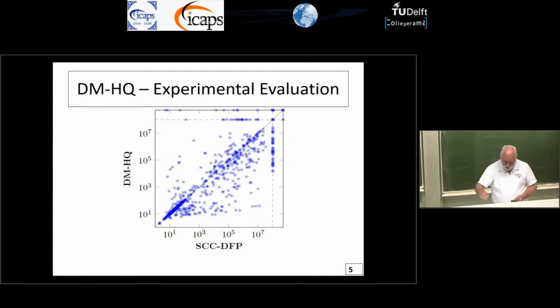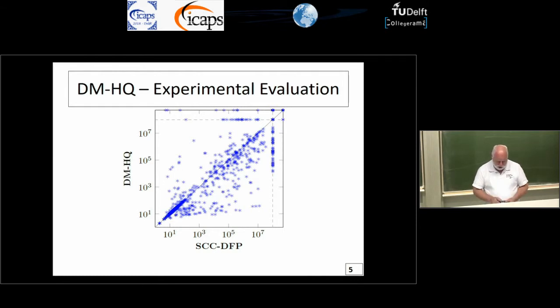And then there's also a horizontal dashed line and a vertical dashed line. There's the vertical dashed line, and here's the horizontal dashed line. That shows you places where the construction finished, but the problem wasn't solved because the search ran out of time before the problem was solved. Okay, so those are important things to notice.